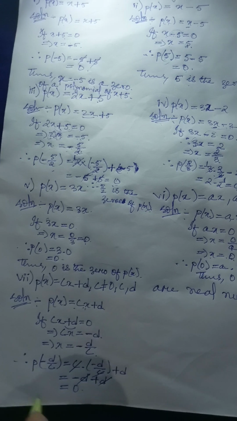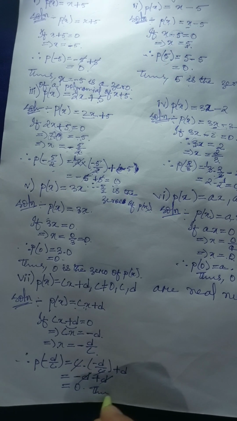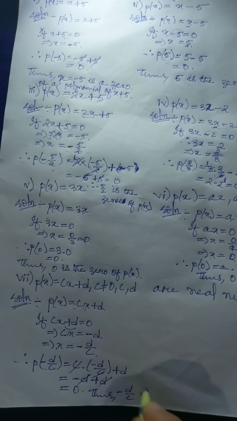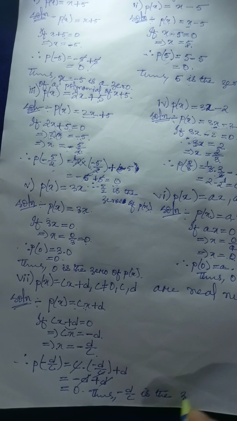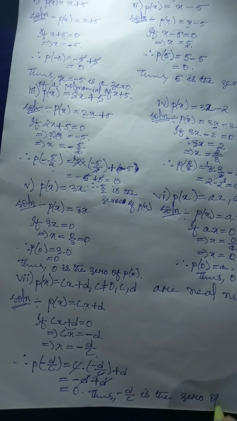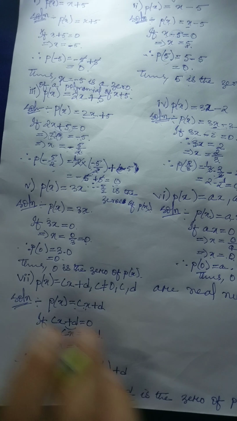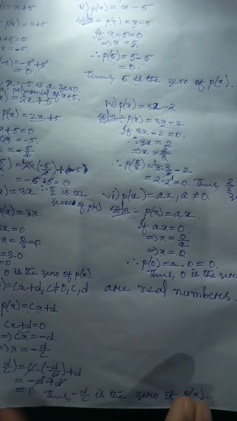Thus, what can we write about this? Minus d by c is the zero of p(x).